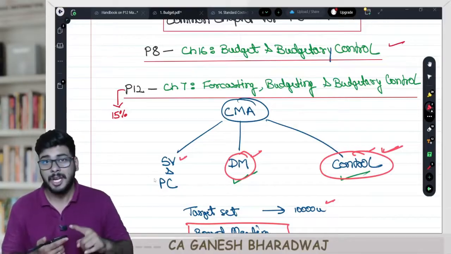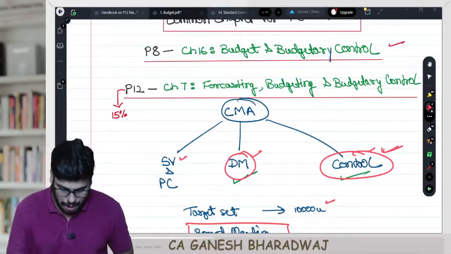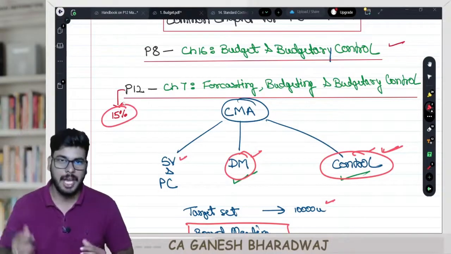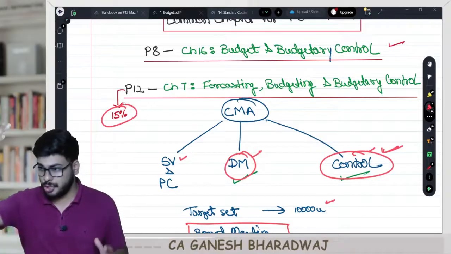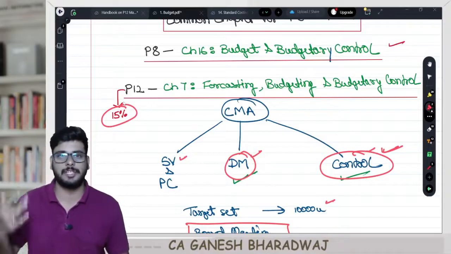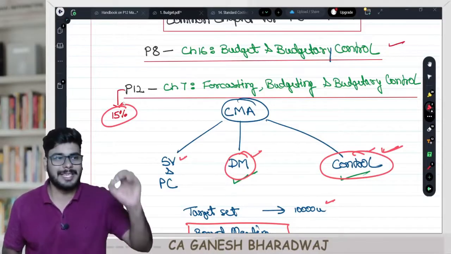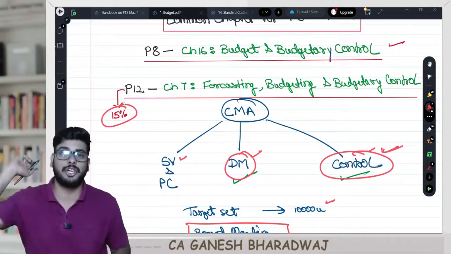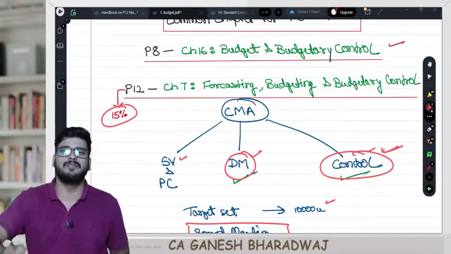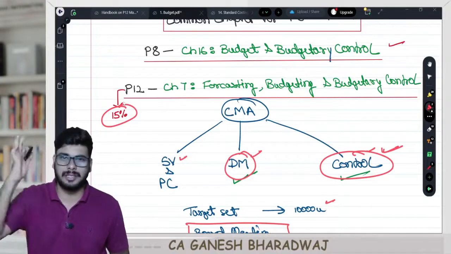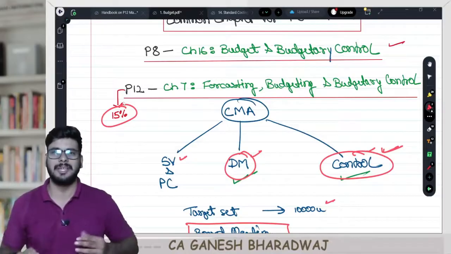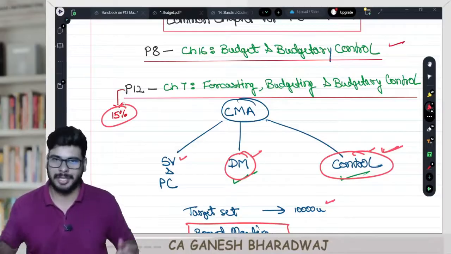Number two, this chapter alone contributes 15% weightage as per the CMA Institute, the chapter-wise weightage that they have given. So it's an easy chapter to learn, and at the same time it has a huge weightage in the exam. I would anytime prefer revising this chapter and give more importance to it. It's an easy way to score more in the exam also.